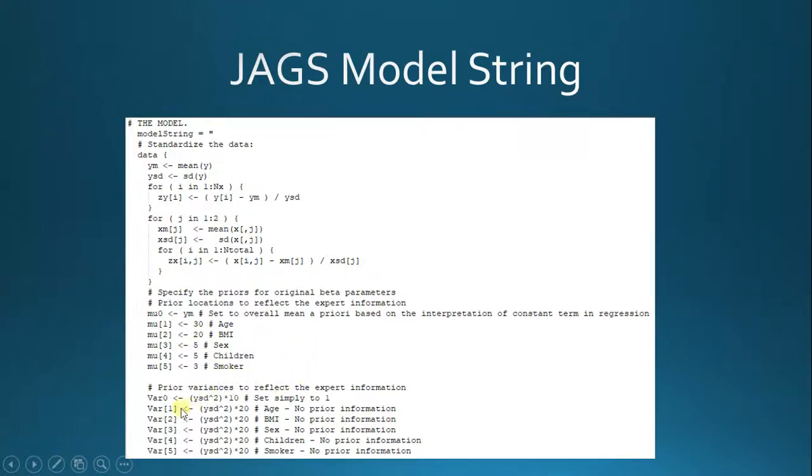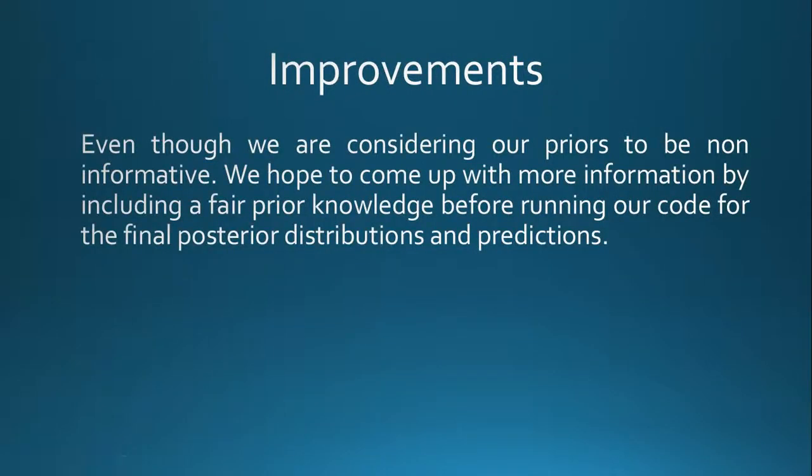So as we can see, the variance we have assigned is really high. That is because we haven't assumed any prior information.